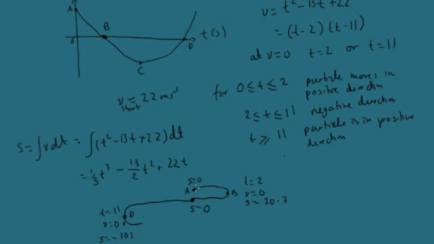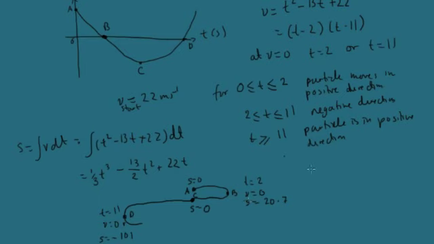So, for example, when the particle's at point C, the displacement is 0, but it's not travelled 0 meters. It's travelled along the positive direction and the negative direction.